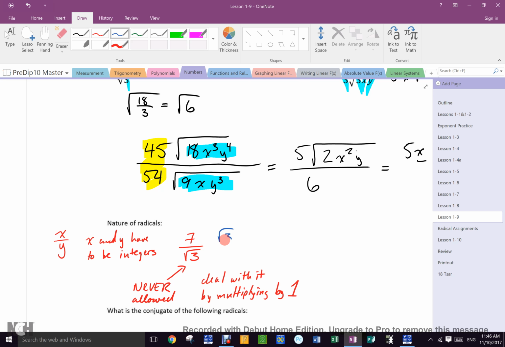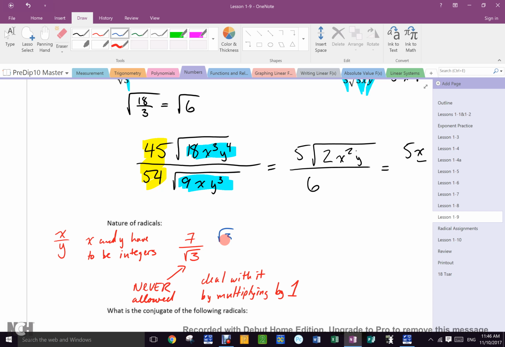And what do I get in the numerator? 7 root 3 over what? No. Over 3. And that is okay. Don't ask me why. But math guys are perfectly happy with this, but they don't ever want to see this.